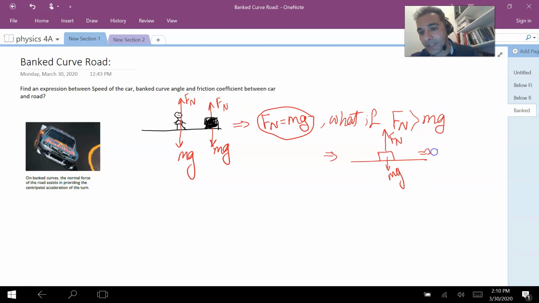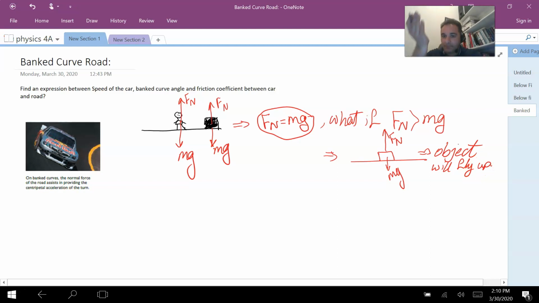Here the object will fly up, correct? It will go up. If Fn becomes more than mg, your pushing upward force will be more than mg, so the object will go higher, will go up. Okay?